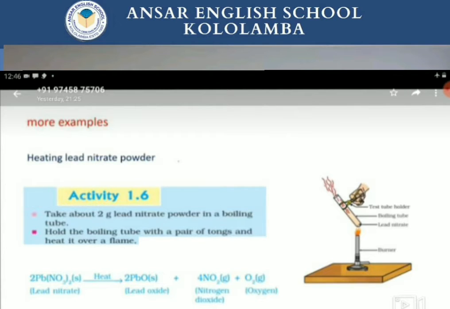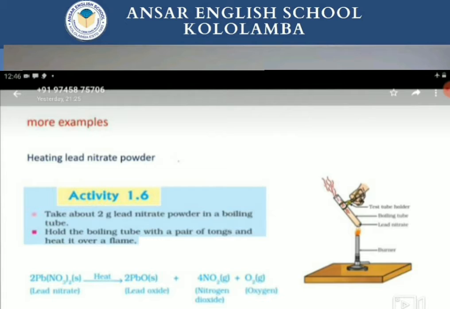In activity 1.6, the lead nitrate powder is heated using the boiling tube. The lead nitrate powder is white in color. So, take about 2 gram lead nitrate powder and heat it using the boiling tube.